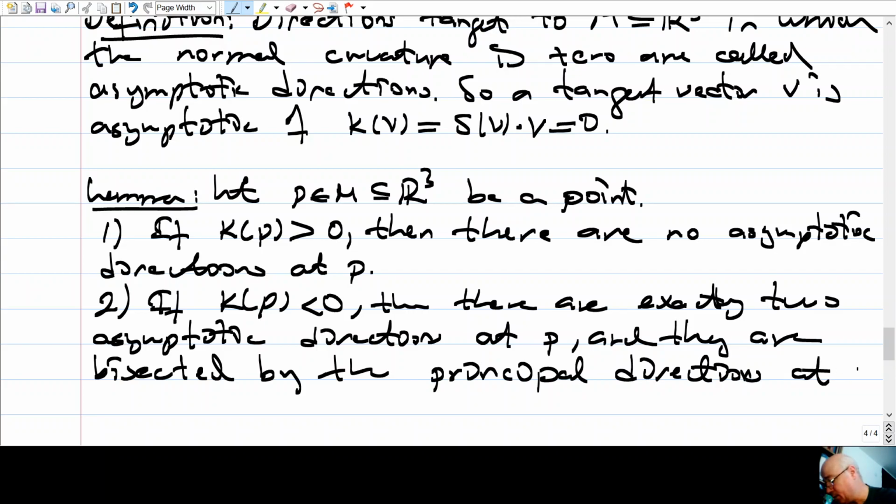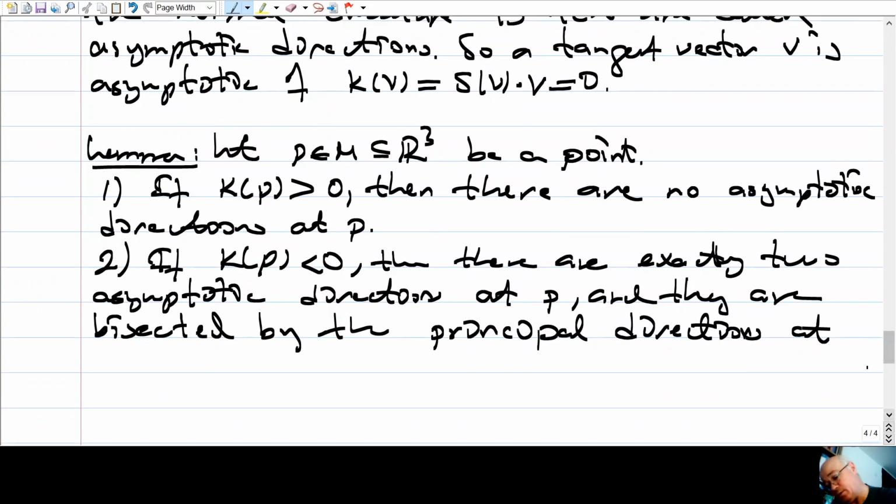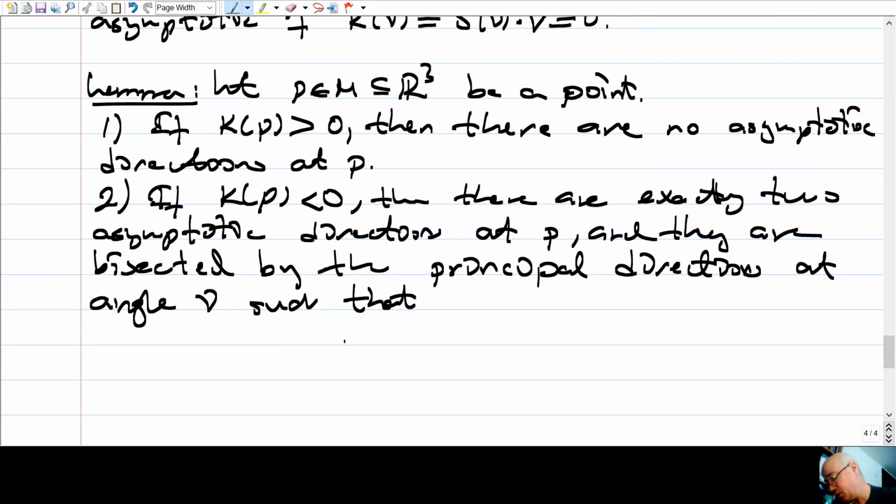They are directions at angle nu such that tangent squared nu is minus k1 over k2.